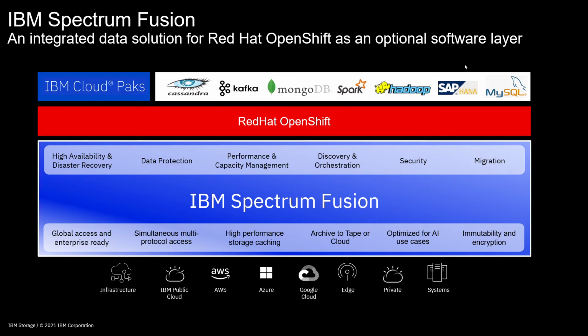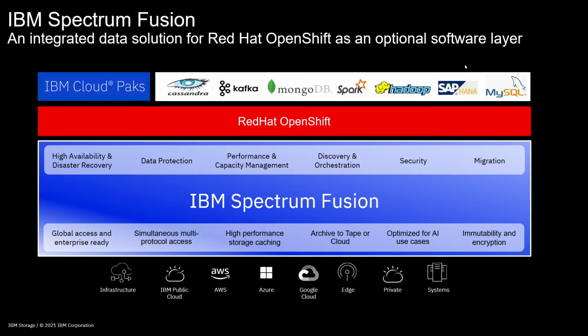In a picture, really what we have is, up above, IBM Cloud Paks. That's one type of application that can use it. We've had all sorts of other types of applications that can use that environment. You've got Red Hat OpenShift Kubernetes to do the management, to create that containerized environment. And what Spectrum Fusion does is get that container environment connected and integrated with storage and data services.